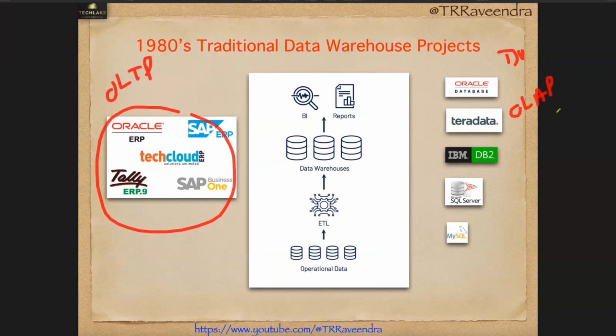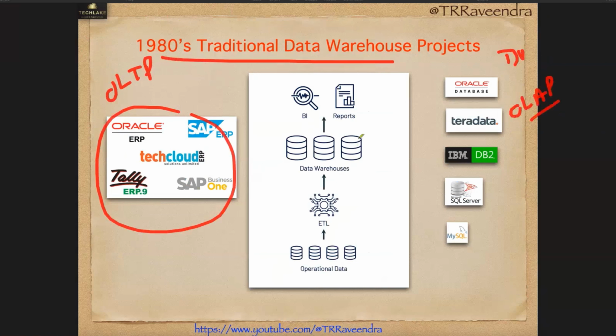This is the 1980s traditional data warehouse project. Data from different sources is integrated into the warehouse using an ETL tool, and that data is used for analytics. The sources will be OLTP, any application's data, any front-end application, and in the backend they'll have databases.